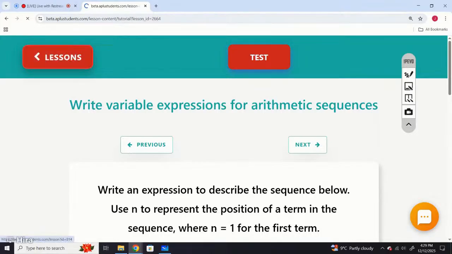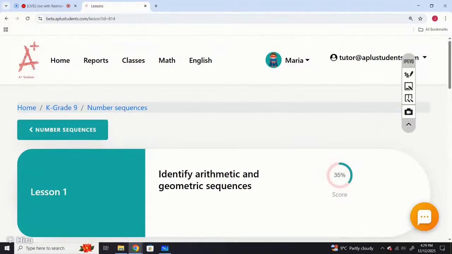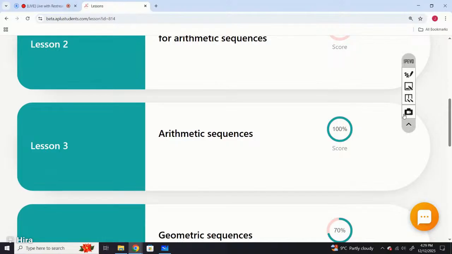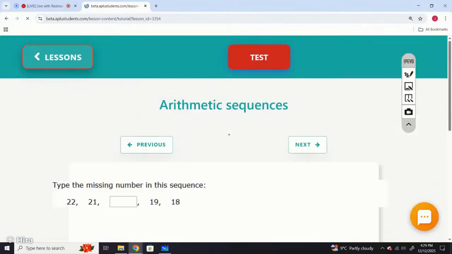The next lesson is arithmetic sequences.